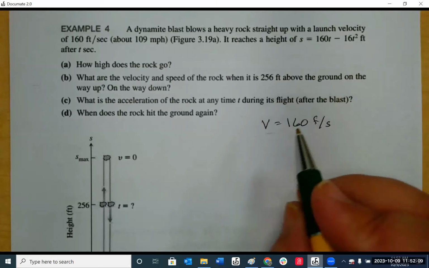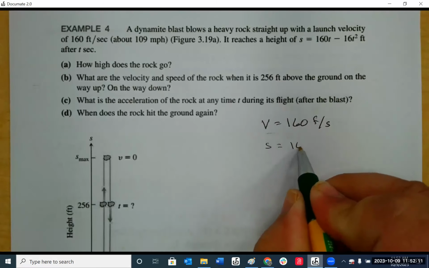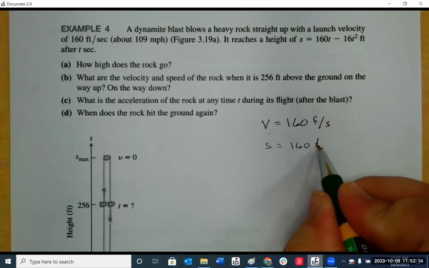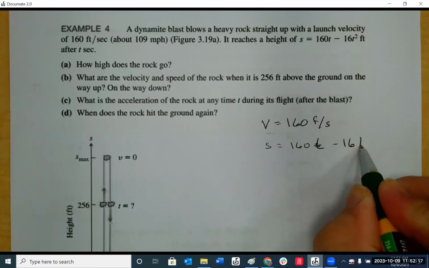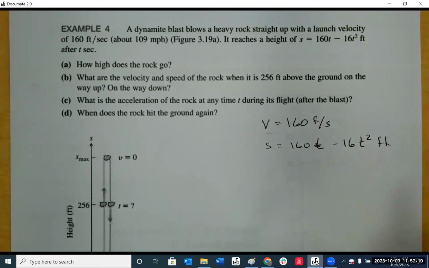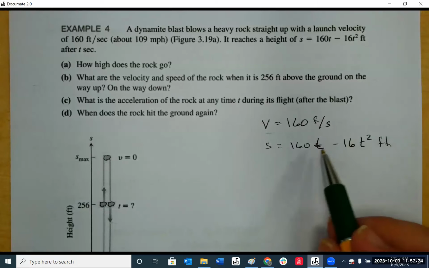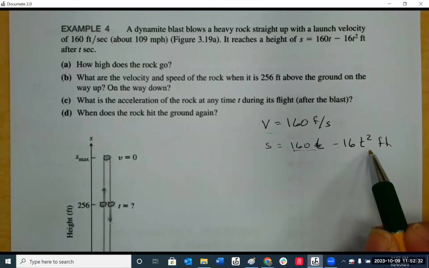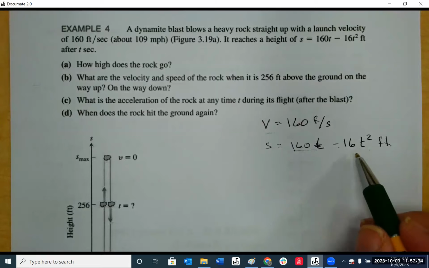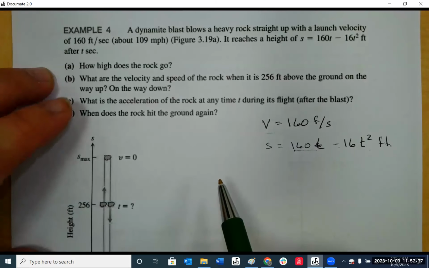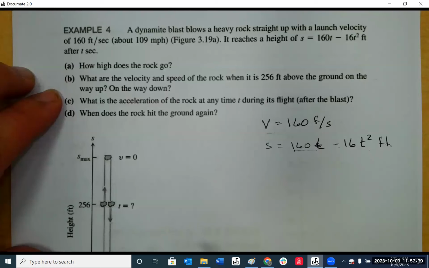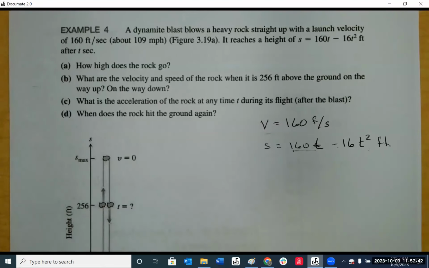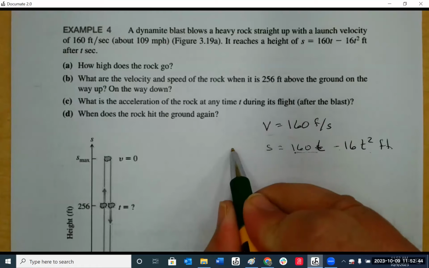It reaches a height of 160t, that's the velocity, minus the gravity. How high does the rock go? So this is our height.